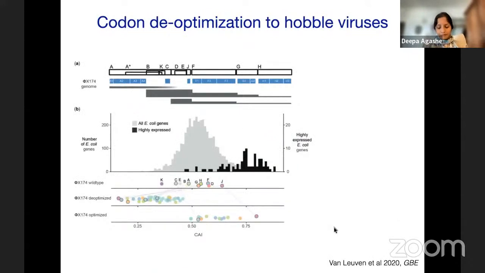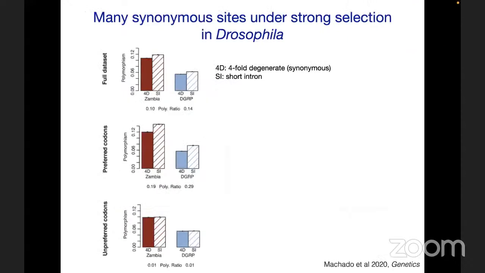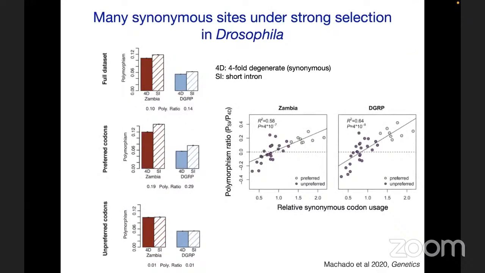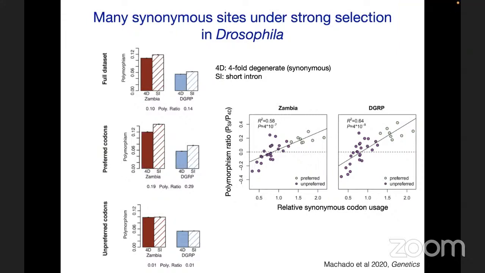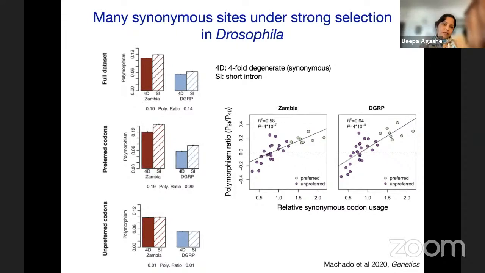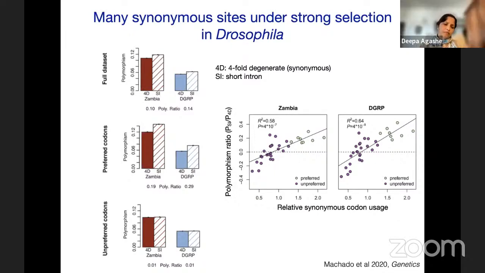Amir, question? Yes, in the previous plot, the absolute values for, say, preferred codons are lesser than for unpreferred codons. I couldn't understand why that would be the case. Not lesser, no? I see. So on the polymorphism, you're saying? Yes. If they're more selected, I don't know how these values are calculated, so maybe.